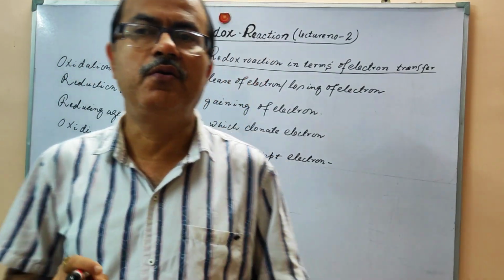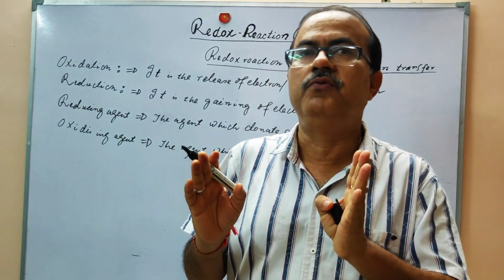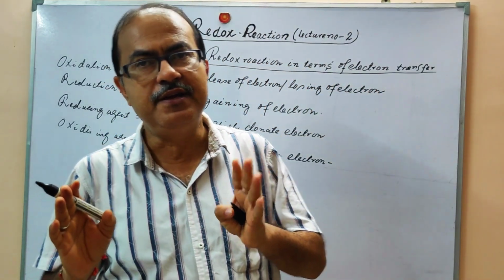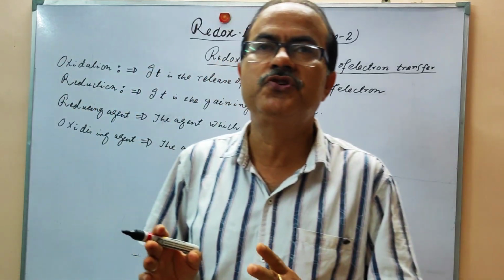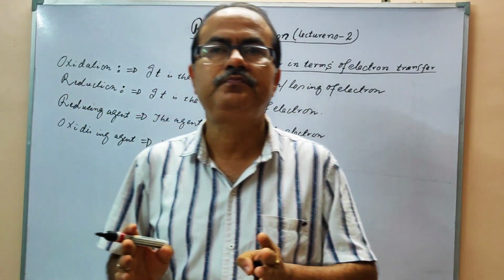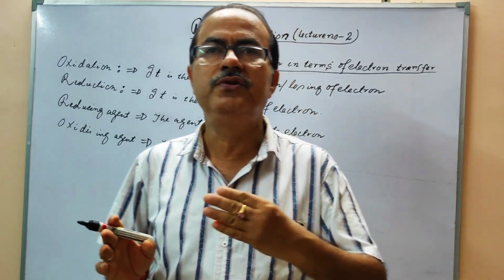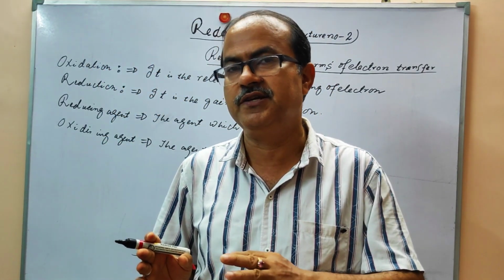So here we understand electron transfer. In terms of electron transfer, how can we define the oxidation process or reduction process, and how are we able to say which is the reducing agent and which is the oxidizing agent.